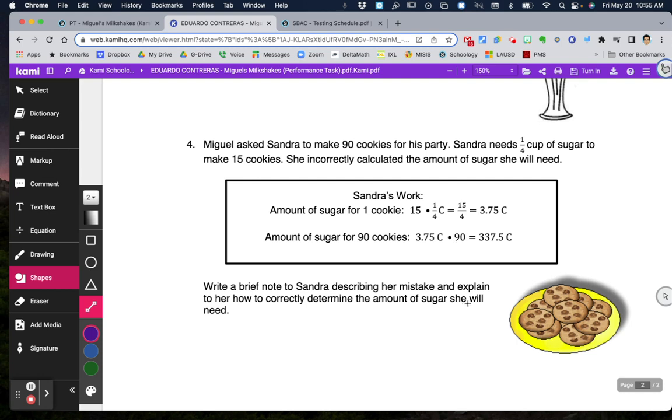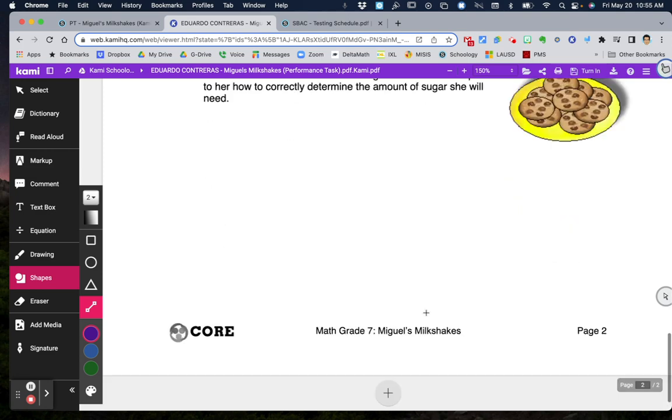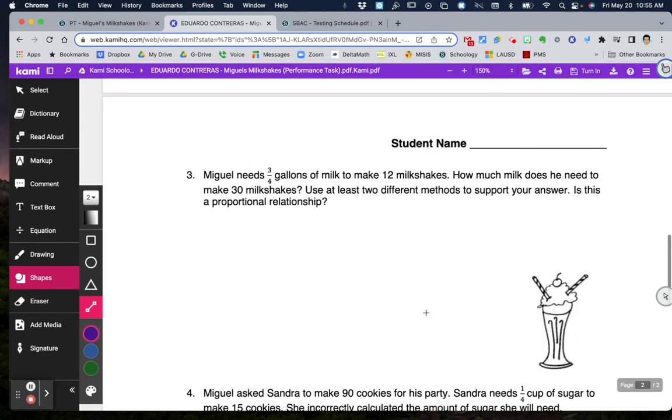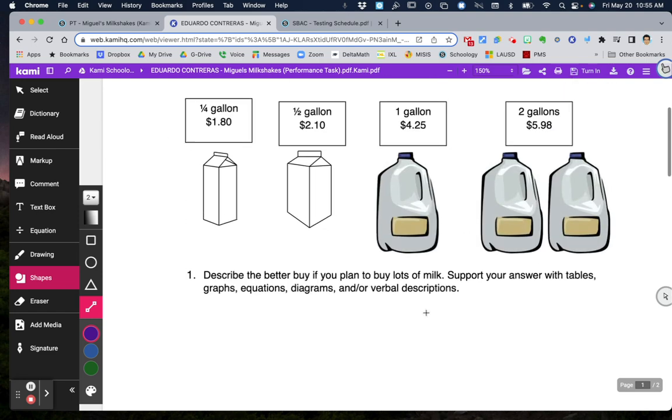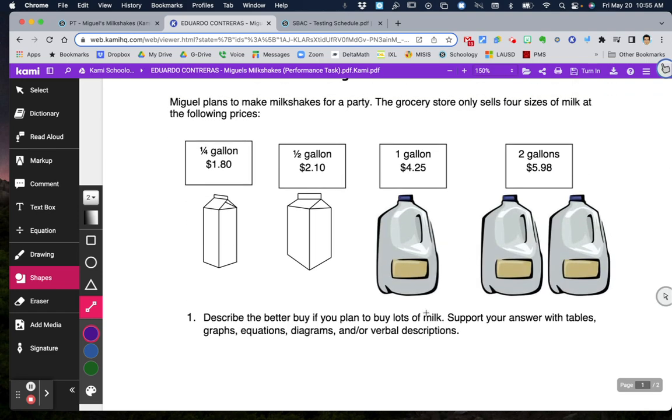Write a brief note to Sandra describing her mistake, because those are really going to be sweet cookies, and explain to her how to correctly determine the amount of sugar she will need for the 90 cookies. And that's it. So that's 4 parts, and we're going to start with part one.